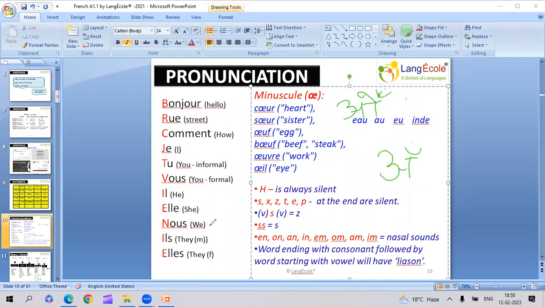When you have this sound, ah, and then on. Getting it? Okay. So are you familiar with these alphabets, right? Yes.